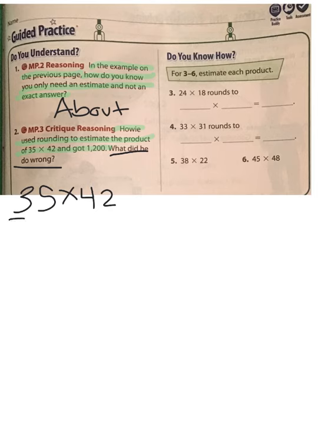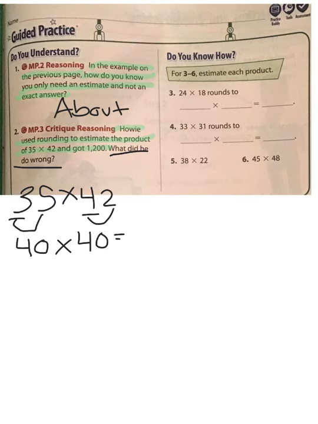So underline the 3 in 35 and the 4 in 42. Look to the right of the underlined digit. If it's 5 or more, it's going to push the underlined digit up 1 more. Well, we have a 5. So the 3 is going to turn into a 4. And then on 42, if we look to the right, it's less than 5, so it's going to rest. It's going to stay a 4.